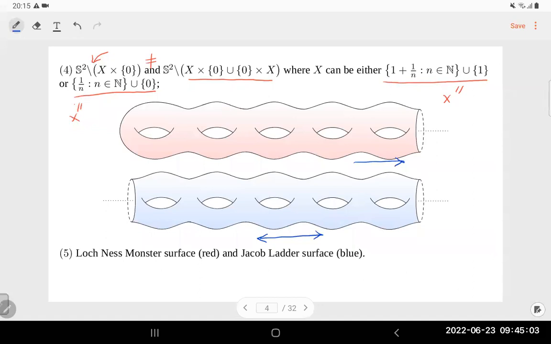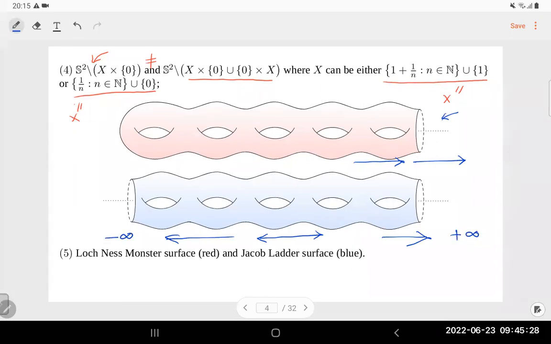You can guess that the first surface, I mean this one, has exactly one end. Roughly, an end means you can go towards infinity using only one direction. For the blue one, you can go towards the right side or the left side, I mean plus infinity or minus infinity.